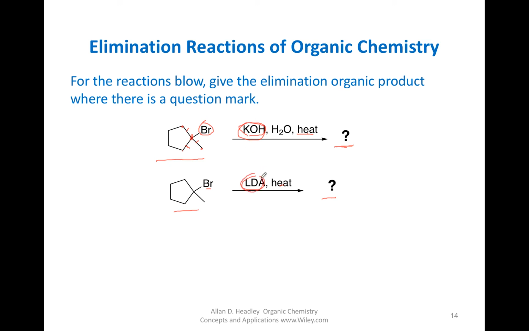LDA, being a bulky base, would pull off the hydrogen as a proton from the carbon that's least crowded, which would be this. So you may want to pause the video here and write your product on a piece of paper and then click to see what we have as the answer.